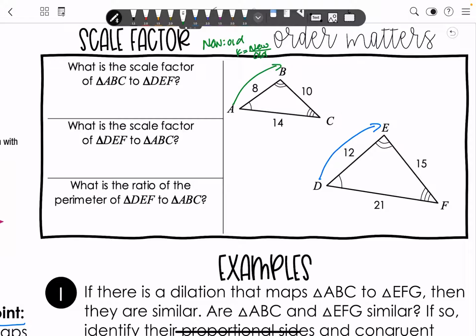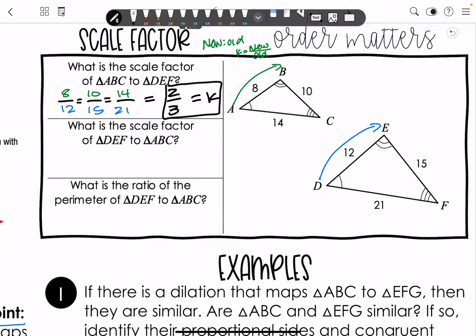So we've got 8 to 12, 10 to 15, and then 14 to 21. Now, if you set them equal to each other, it will be a true statement because all of them end up equaling and simplifying to 2 over 3, which is going to be our scale factor or our k value.